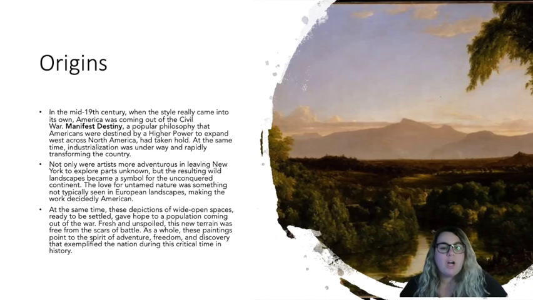Not only were artists more adventurous and leaving New York to explore parts unknown, but the resulting wild landscapes became a symbol for the unconquered continent. The love for untamed nature was something not typically seen in European landscapes, making the work decidedly American.